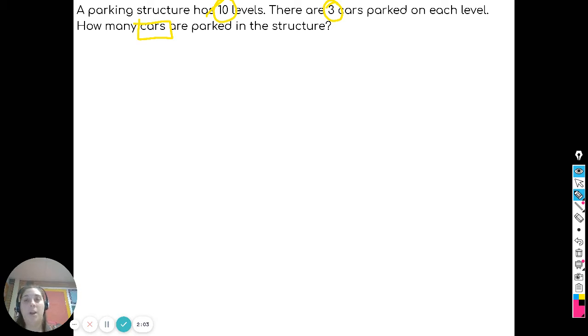Okay, let's go ahead and make our picture. When I read this, I think of an array, okay? And I'm going to draw an array that has 10 levels going down. And there's 3 cars on each level.